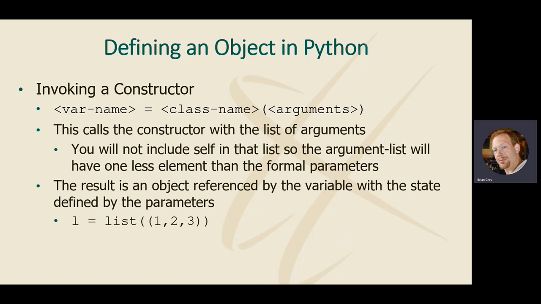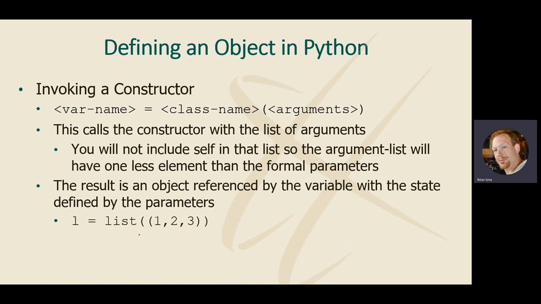For instance, if we call list and then give it an ordered triple, right, a three-piece tuple, it will take that tuple and it will create a list that contains those three values.